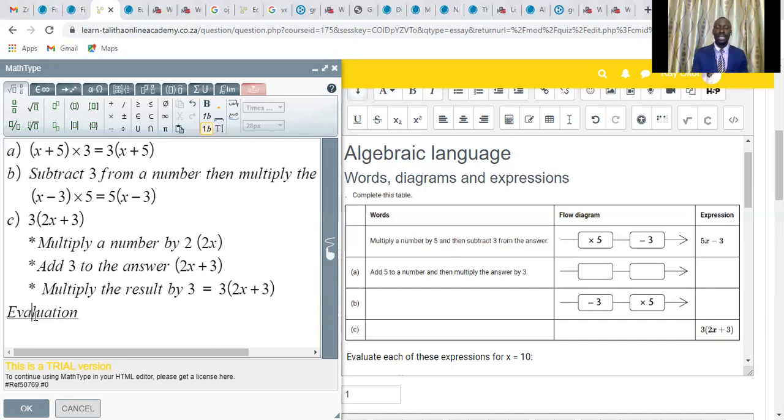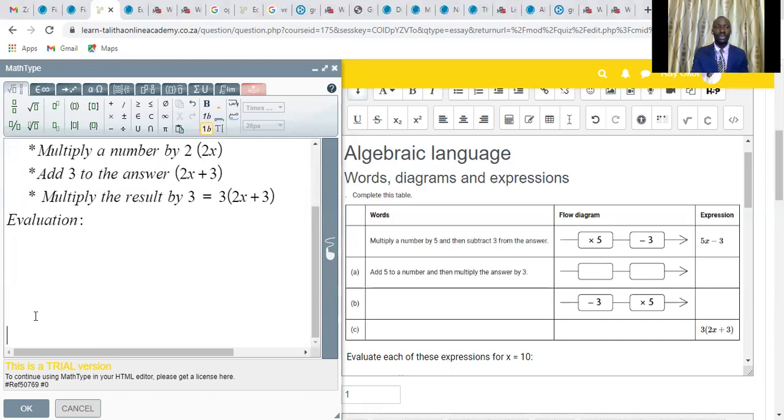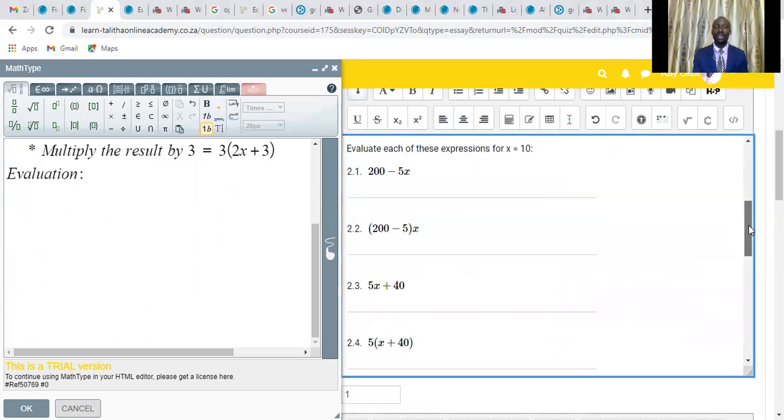So to evaluate is to find the value of some given expression using the given information. So if that is what we have to do, then we now have to look at what we have been given here.